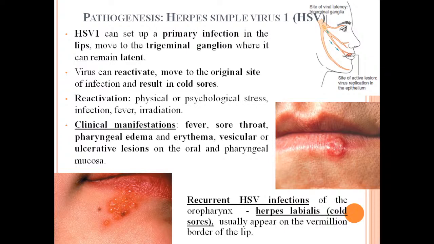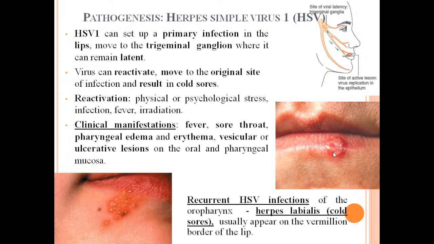The first disease that is caused by herpes viruses is herpes simplex virus type 1. I remind you it's transmitted through oral to oral contact in kissing, for example, or in sharing of objects contaminated with virus, bottles or cups. Herpes simplex virus type 1 can set up a primary infection in the lips.